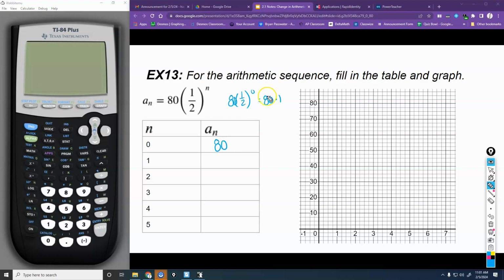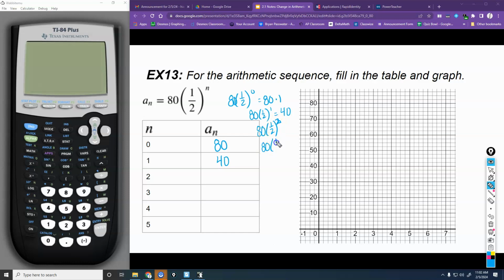All right. Now if I plug in 1, I've got 80 times 1/2 to the first power, right? This is 80 times 1/2. What is 1/2 times 80? 40. It's just half of 80, right? And then if I do 80 times 1/2 squared here. 1/2 squared, what is it?